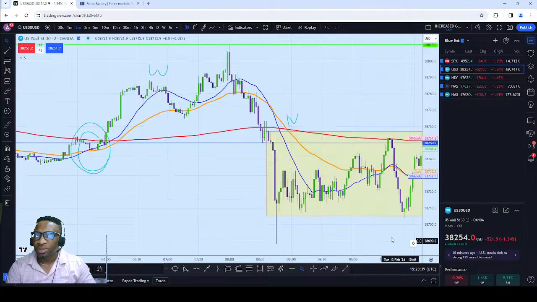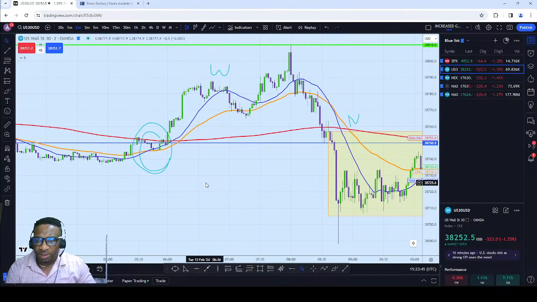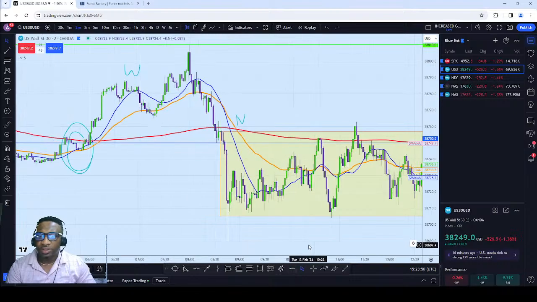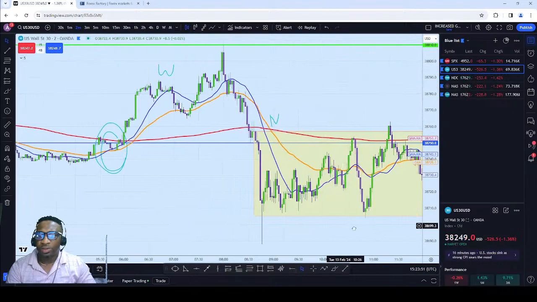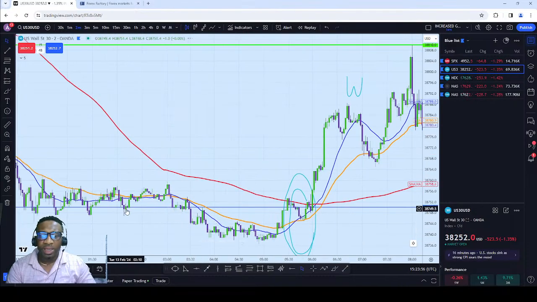Let me just see if we can spot that area. Yesterday was Tuesday. Okay, yeah, this is the shaded part we have. Not this one, this is today. Yesterday was Monday.